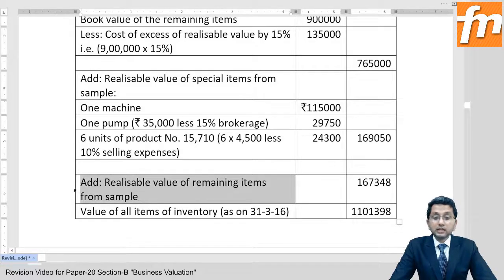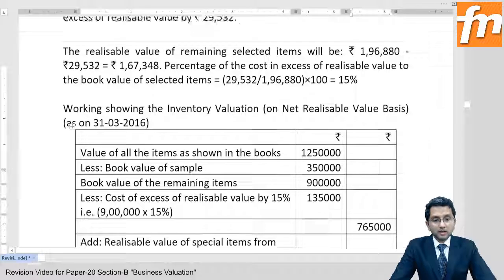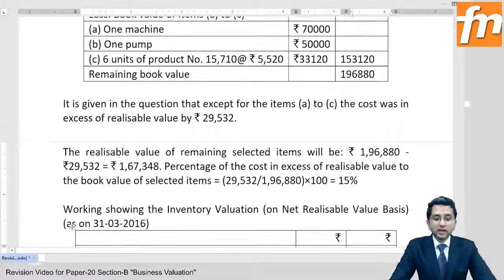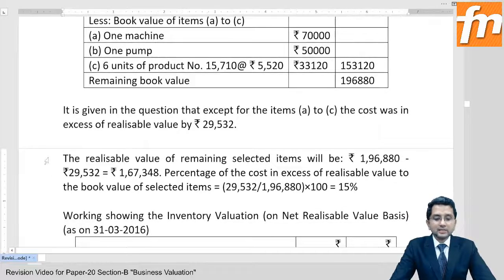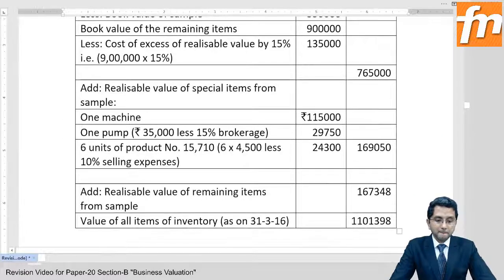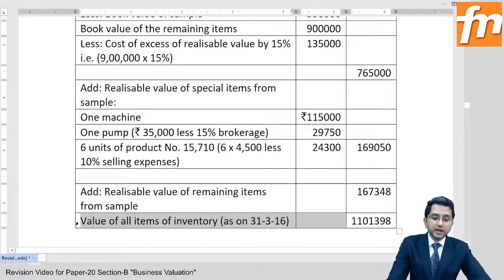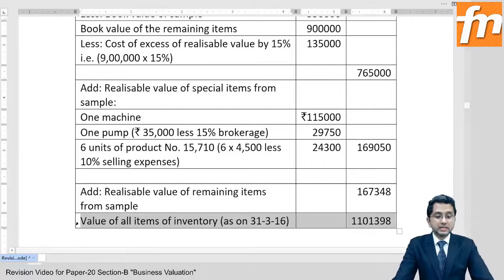Now, items other than special items in our sample are having a value of 167348. How come 167348? This is simply 196880 minus 29532. So value of all items of inventory as on 31st March 2016 is 11 lakh 1398.